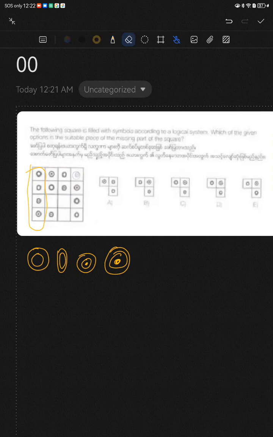Just like how numbers are placed in Sudoku. You know what that means. This one must be this, because it's the only symbol remaining in this column.